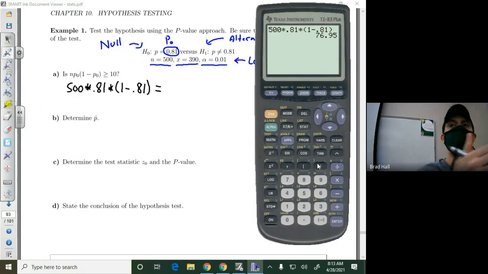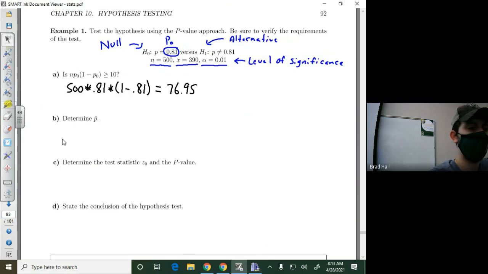So we just verified that. That's all we did. We just verified, hey, now we can use hypothesis testing. So this is in fact greater than or equal to 10. We verified this condition, so hypothesis testing can be used.